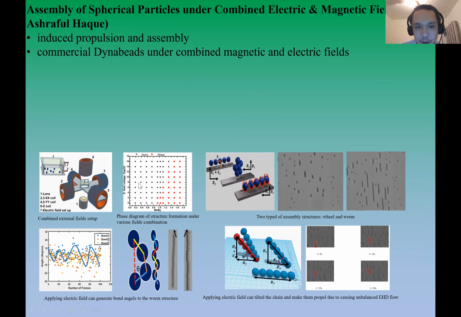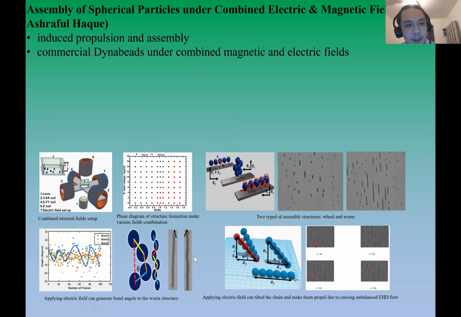So they will form a chain or a different structure depending on the ratio of the electric field and magnetic field. And under the chain structure, if we slightly change the ratio of strength between the electric field and magnetic field, we can make the worm structure have a small angle so that it can propel like a worm.